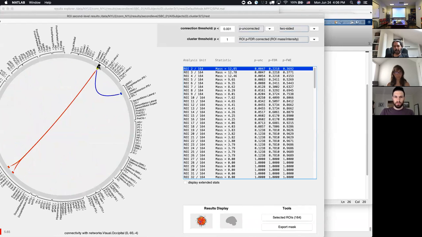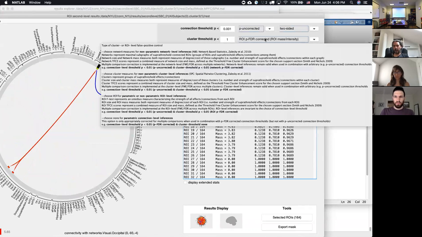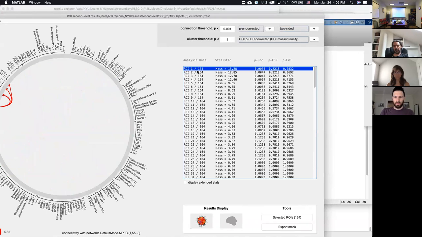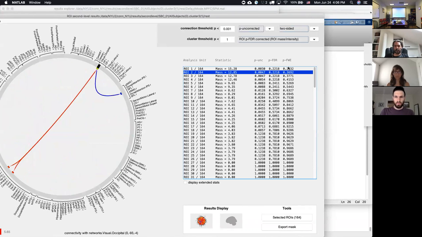So basically, all of the connections that arise from the same region. That's one particular way of grouping connections, and the statistics that you get when you do this type of ROI level thresholding are one p-value for every region, right? So for this particular region, you get whether that test was significant, taking into consideration all of the connections that come out of this region.